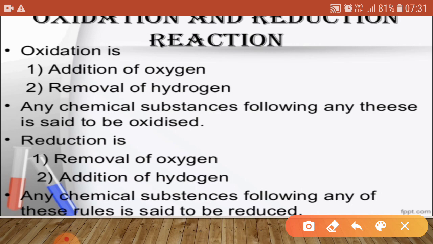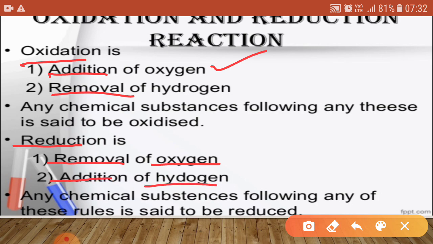In the classical concept, oxidation can be defined as the addition of oxygen or removal of hydrogen, and reduction is just the reverse of oxidation, meaning it is a removal of oxygen and addition of hydrogen.